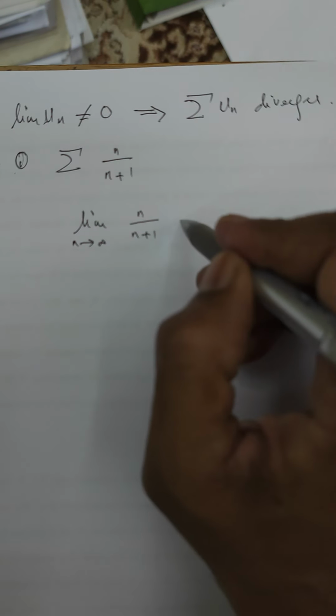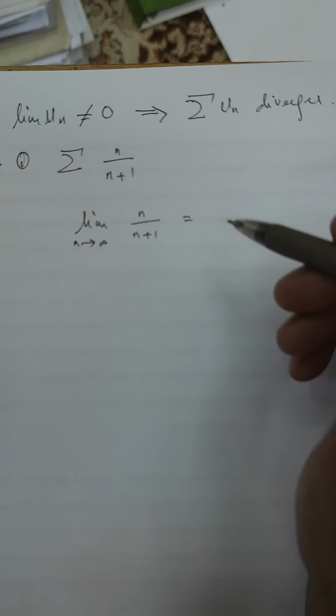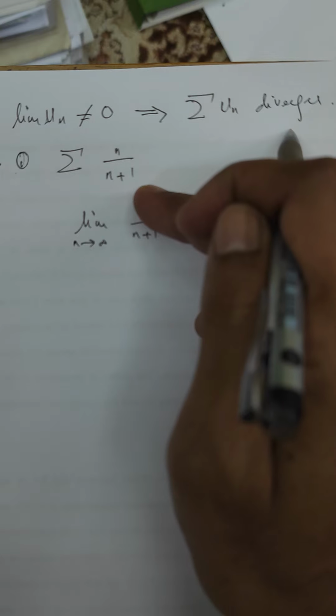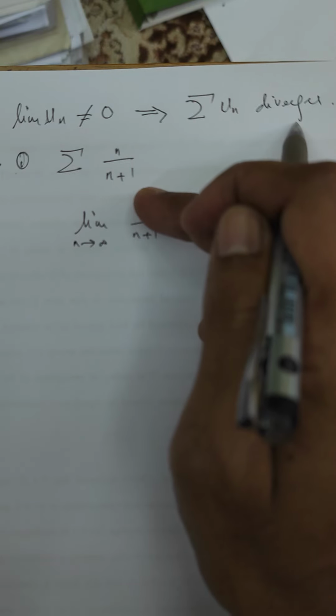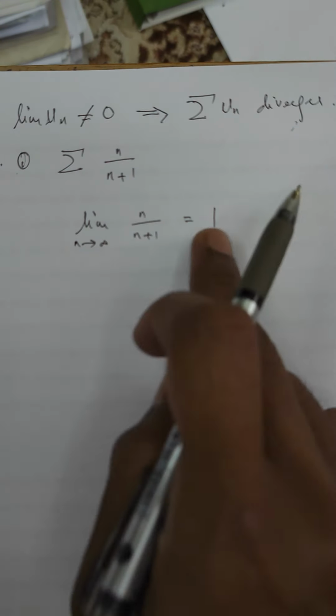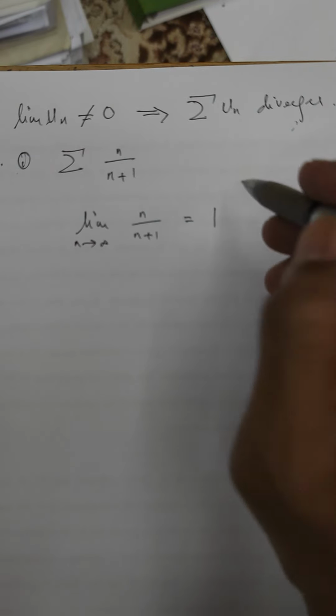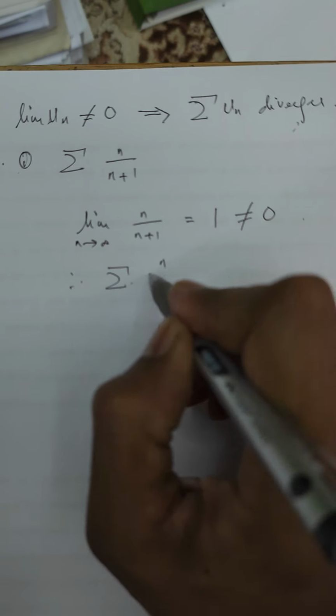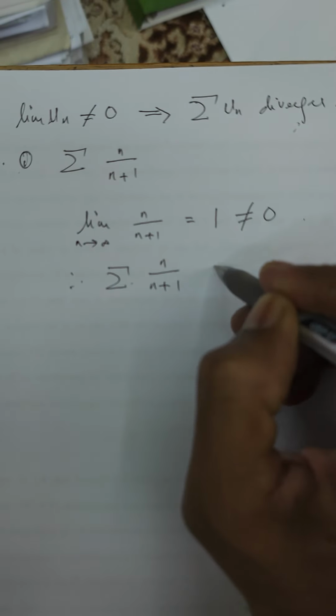We can get a strict answer for that. Just divide the numerator as well as the denominator by n, then take the limit, and you get 1, which is different than 0. Therefore, in this case the series n over n plus 1 diverges.